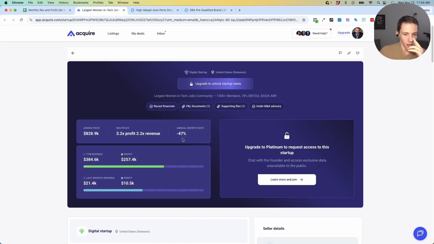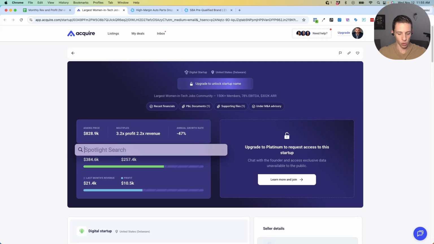But coming back to this, what does this mean for the valuation and how you should consider it? Well, if the annual growth rate is declining 47%, that means in the next 12 months, you are going to have 47% less profit, assuming it continues that trend.